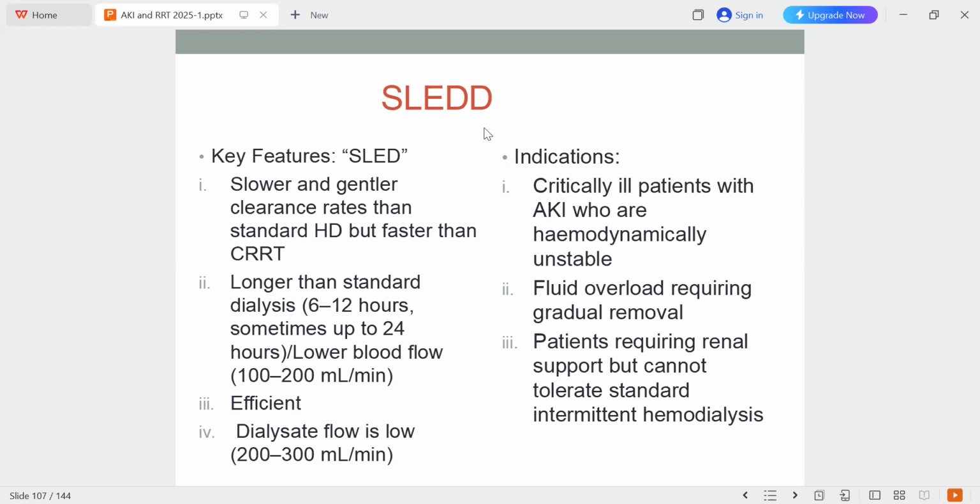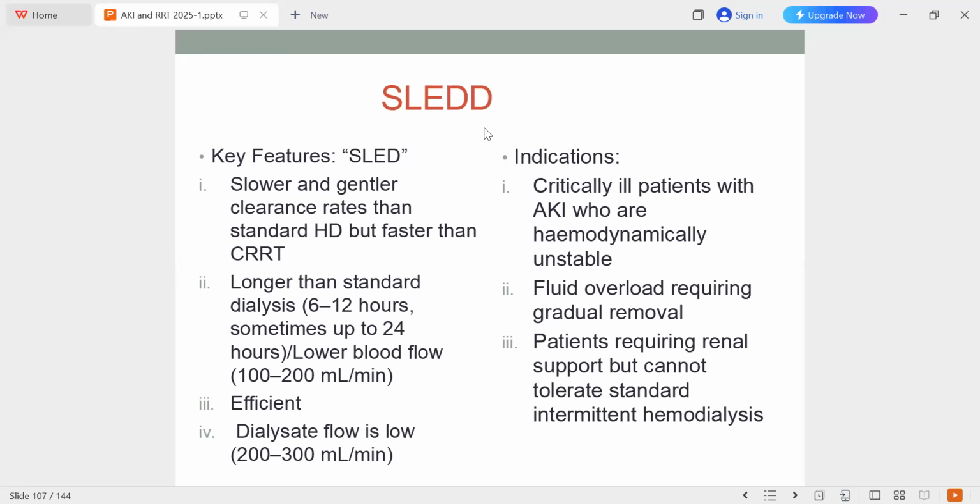What are the key features of SLED? S, slower and gentler clearance rates compared to standard hemodialysis, but faster than CRRT. It's usually for longer periods than the standard dialysis of 3 to 5 hours. This one is usually 6 to 12 hours, and sometimes up to 24 hours.